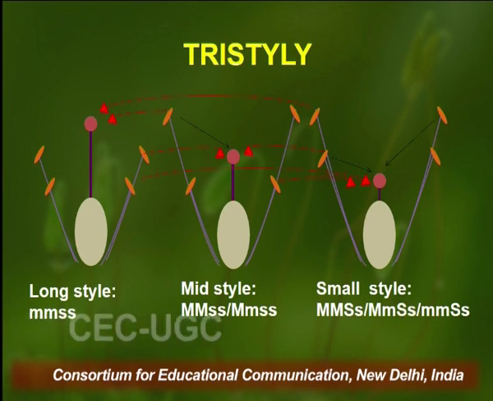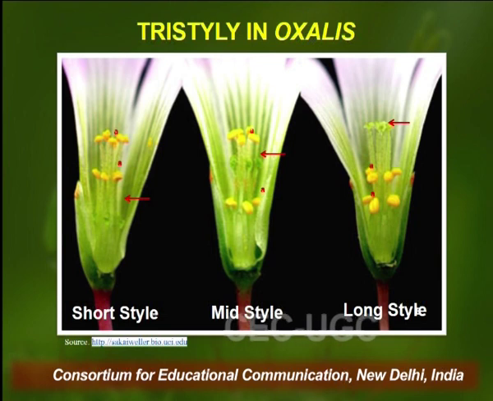So, the anther with length 1 can pollinate the pistil which is at the corresponding length. Now this is oxalis. You can see that 3 different flowers of 3 different morphologies are present here. There are red arrows which indicate the length of the style. The left one has a short style which is down below, and above that there are 2 whorls of the stamens, and in the mid-length style the 2 whorls of the stamens are one below the style and one above the style.